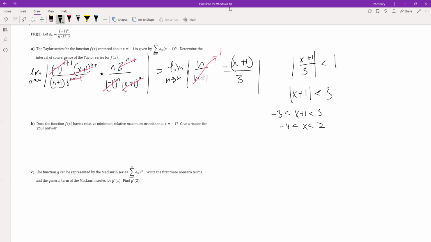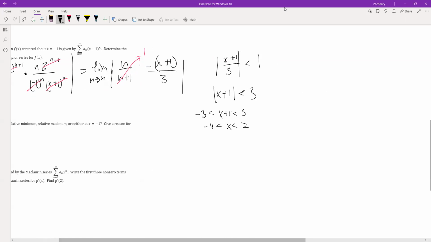If we put in negative 4 to the original, let's do it off to the side here. I'll just write check negative 4. We are going to get a sub n, which is, let me check really quick.